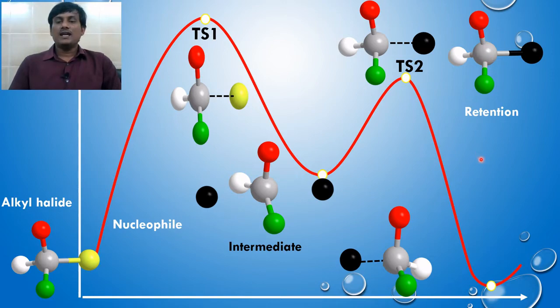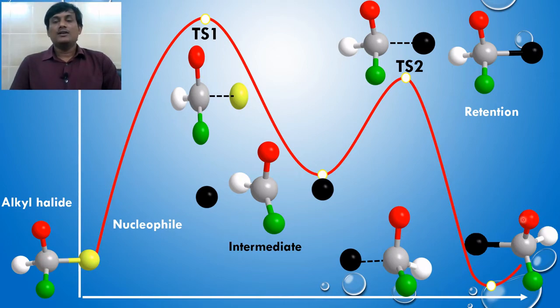If you take the other transition state, this one forms an inversion of configuration. If you compare the configuration of the reactant with the product, there is an inversion of configuration. So in SN1, finally you can find retention and inversion, meaning there is a formation of a racemic mixture.